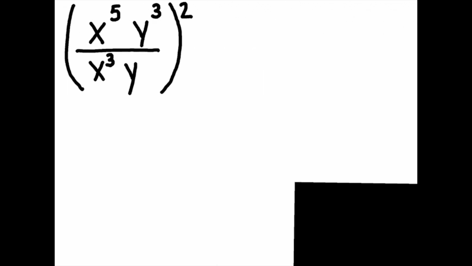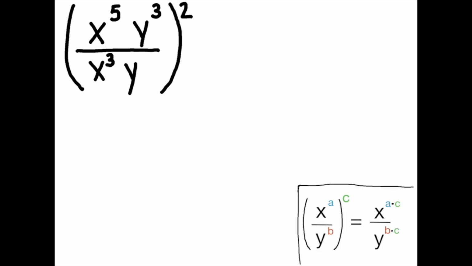Here we go. Another one. Here I'm going to put this formula down here in the corner. And here we go. We're going to multiply every exponent in here by 2. Don't forget, this y is the same as y to the 1st. Let's go.